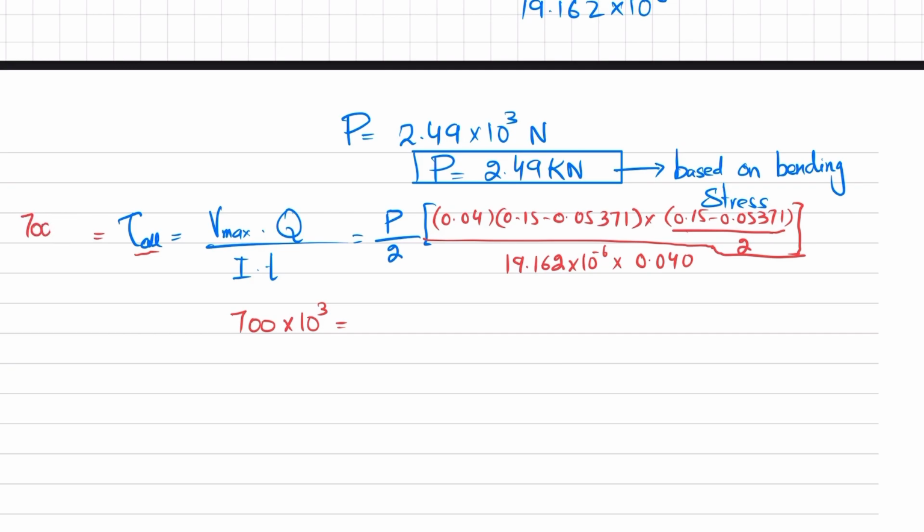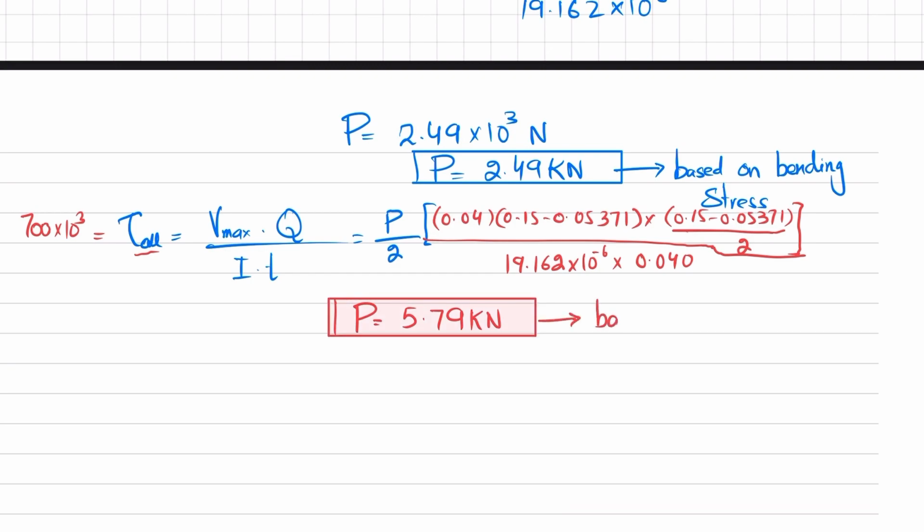Now when you solve this, you will get P equal to 5.79 kilonewton.